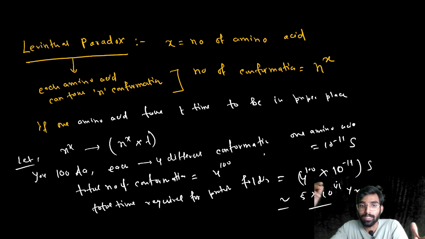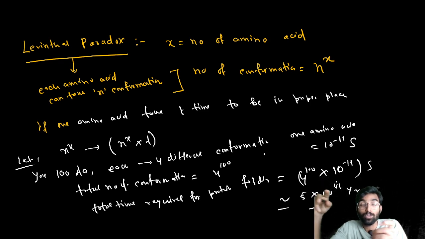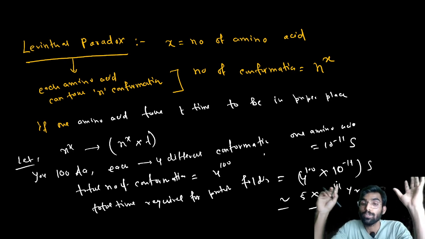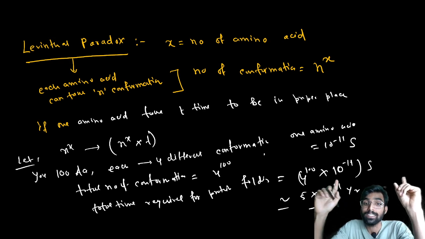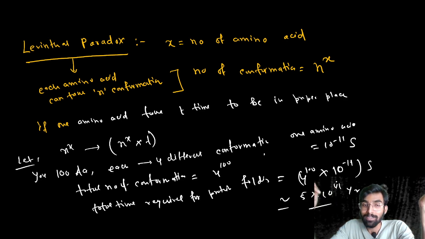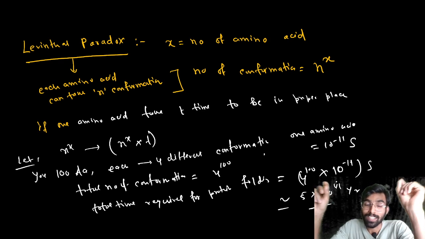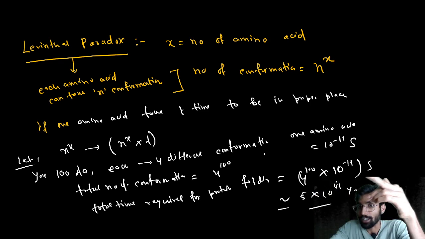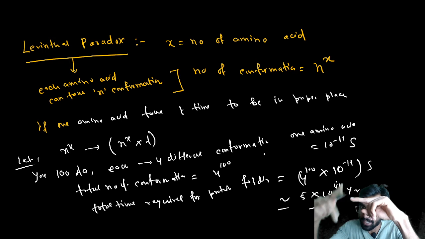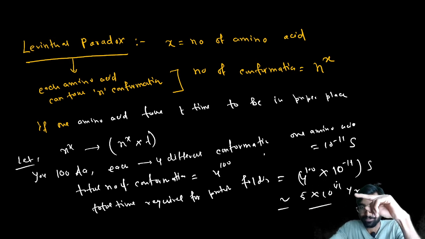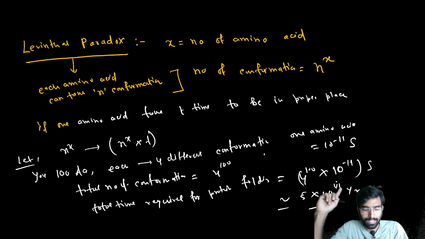That means it's actually not possible to fold a protein in 5 into 10 to the power 41 years. If one protein took that much time, then we would never survive. That's why it's called the Levinthal paradox. That means some factors are responsible that make protein folding much faster. What are those factors? Okay, we will see that.